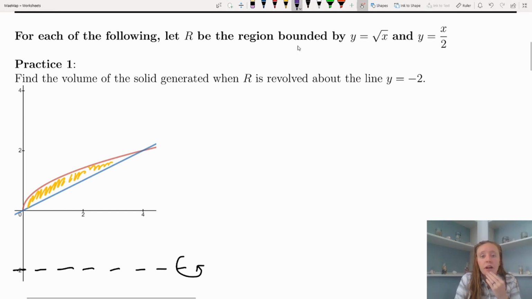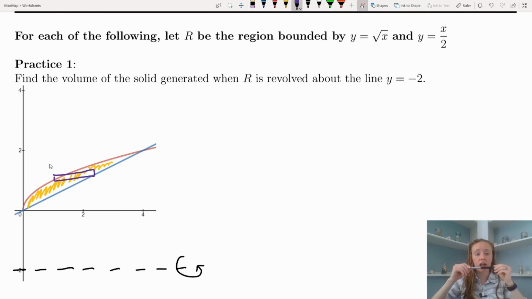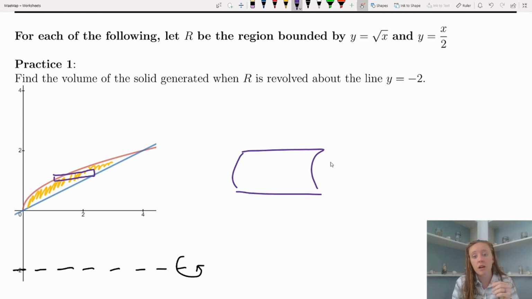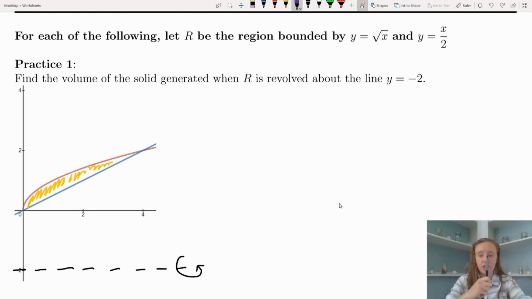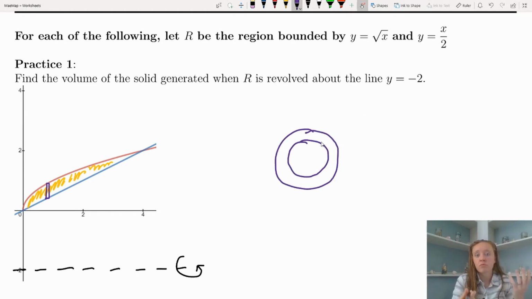If I draw my rectangles horizontally and rotate that horizontal shape around, I'm going to get something that looks like a cylinder, which is what I don't want. So doing it this way would technically be the shell method, which we'll get into next worksheet. Therefore, I know that I want my rectangles drawn vertically. When I draw my rectangles vertically, you can see that when I rotate it around, I'm going to get that flat disk or washer. Something along the lines of this, if I was to slice that.